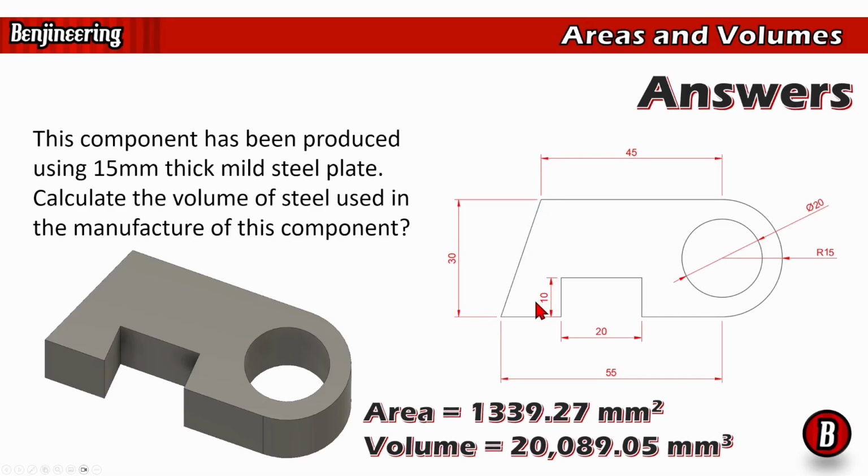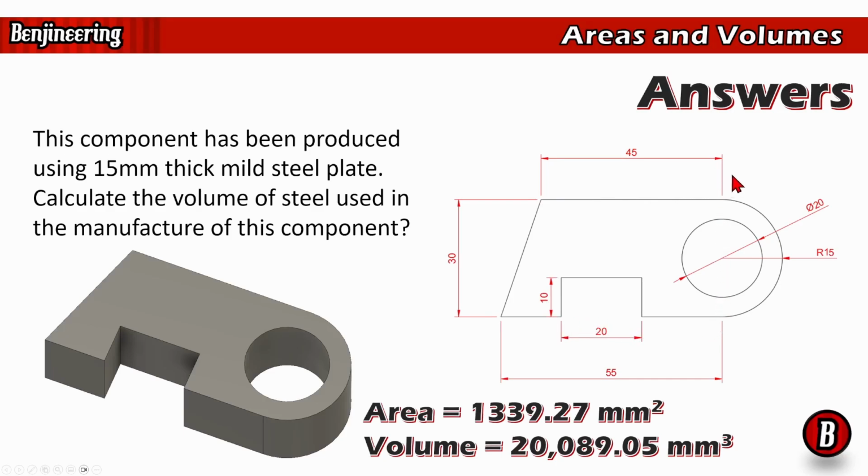If you remember, that's the formula for the triangle. And that gave me the area of this little section here. Then, to work out the center area, I treated from here to here as a rectangle, which is 45 wide and 30 tall. So 45 multiplied by 30 gives me the area of a rectangle that sits here.